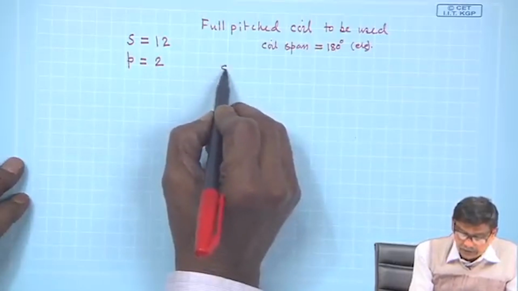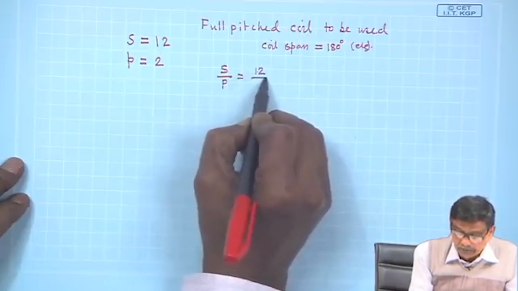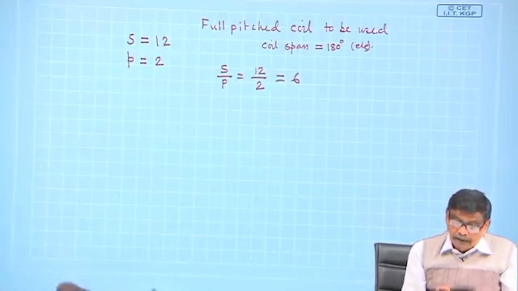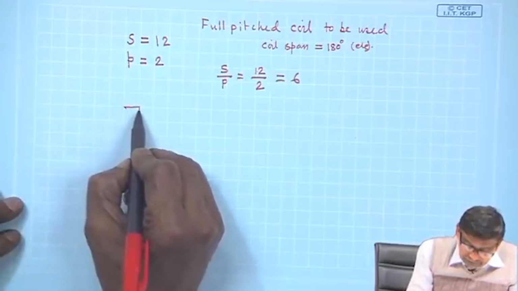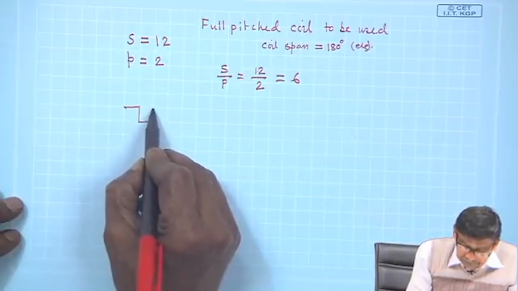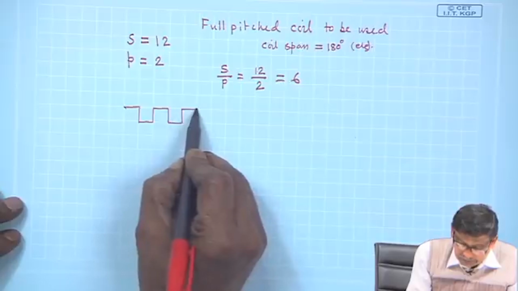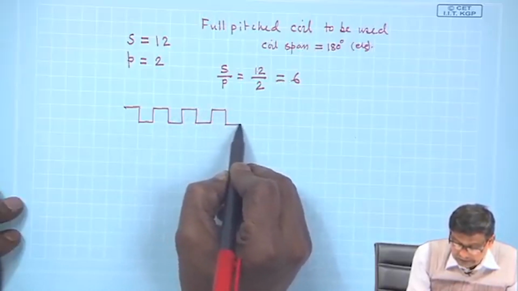Calculate slots per pole, which is 12 by 2, and you get a number 6. Now, these slots are like this: slot, tooth, slot, tooth, slot. It goes like this in the developed diagram.